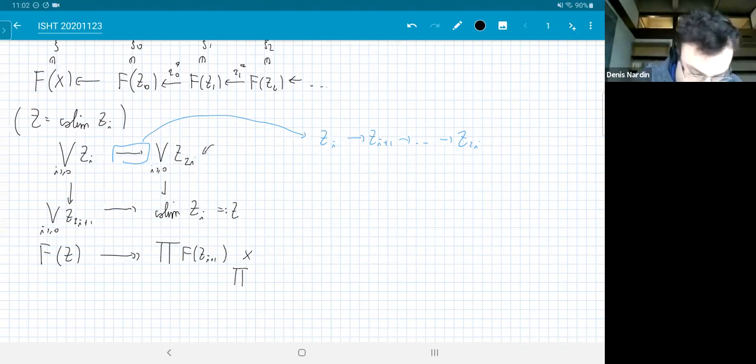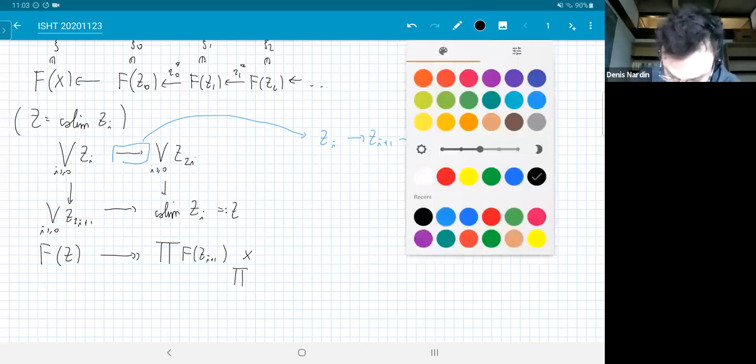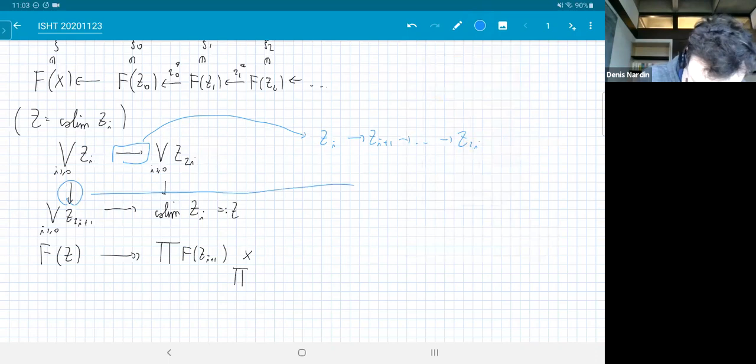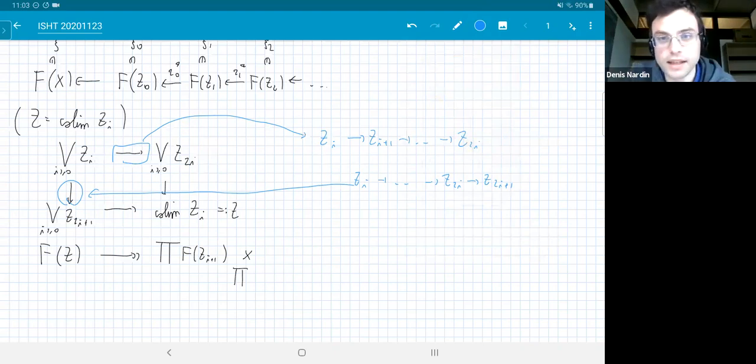Here you have the wedge of the even guys and the wedge of the odd guys. And you can always send z_i to z_{2i} and z_i to z_{2i+1}. And you want to say they are the same.